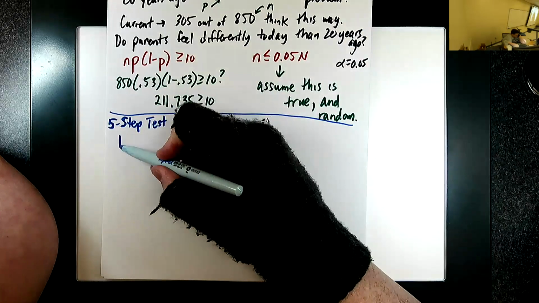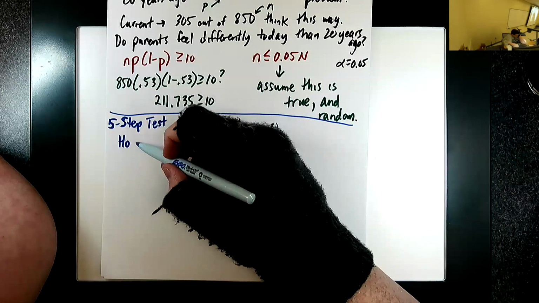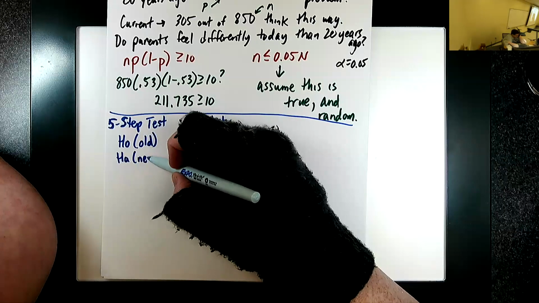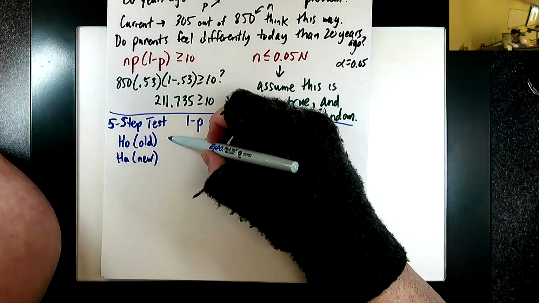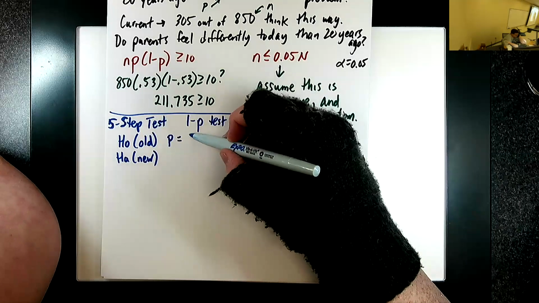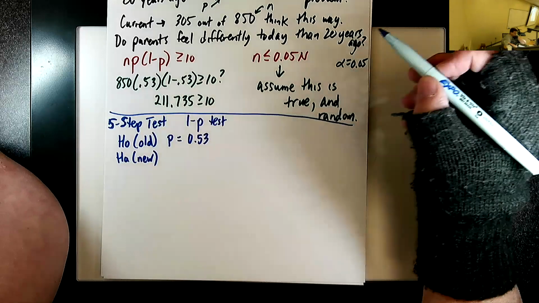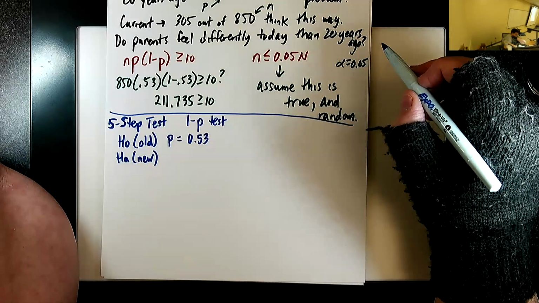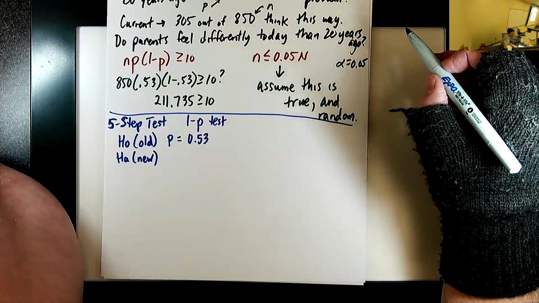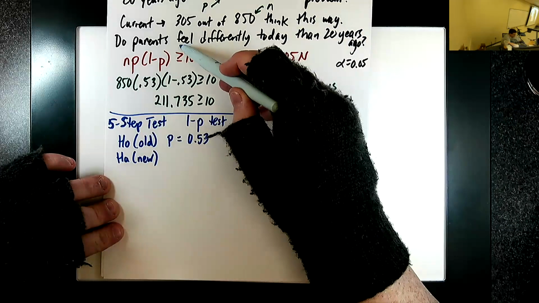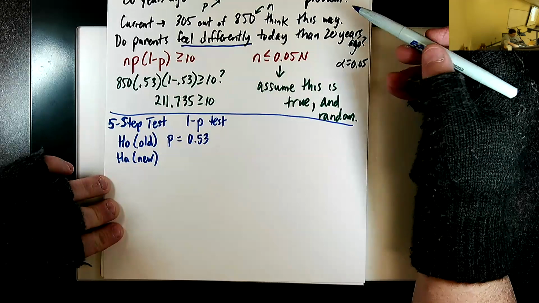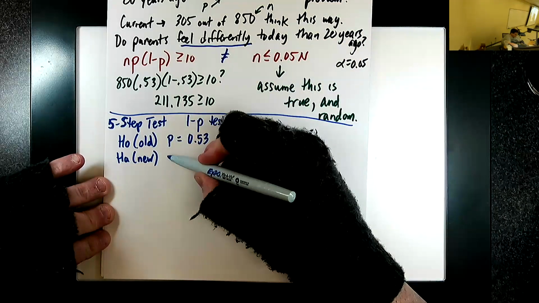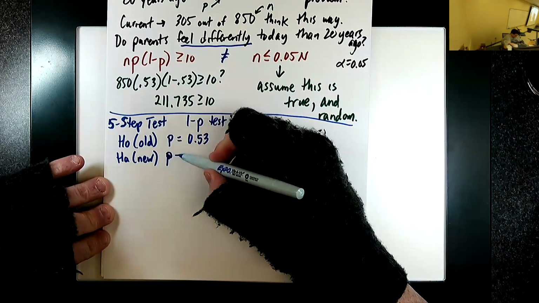H naught is usually the old stuff and HA is usually the new stuff. The old information was P equaled 0.53. It says parents feel differently. Differently isn't greater than, it isn't less than, it's not equals. So we will have not equals as our HA symbol.